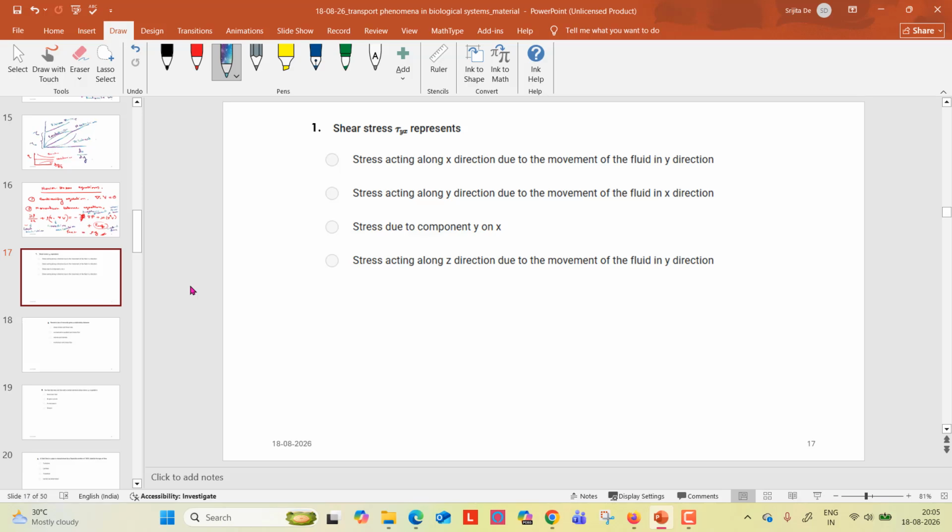Very carefully see. We have just said that stress acting along the x direction is due to the movement of the fluid in the y direction. Stress acting along the y direction is due to the movement of the fluid in the x direction. Stress acting along the z direction is due to the movement of the fluid in the y direction. What is the real answer, do you think? We have discussed it.